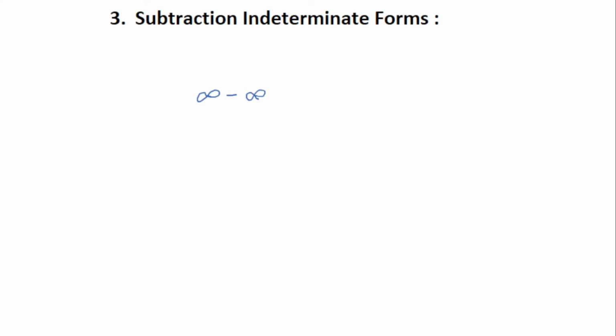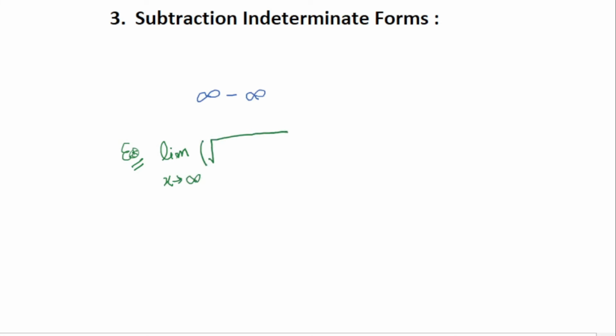Let me take a simple example, a little medium example I can say: the limit as x tends to infinity of the square root of the quadratic function x squared plus 3x plus 5, minus x. For this function, we are going to see whether this limit is in the form of subtraction indeterminate form or not.